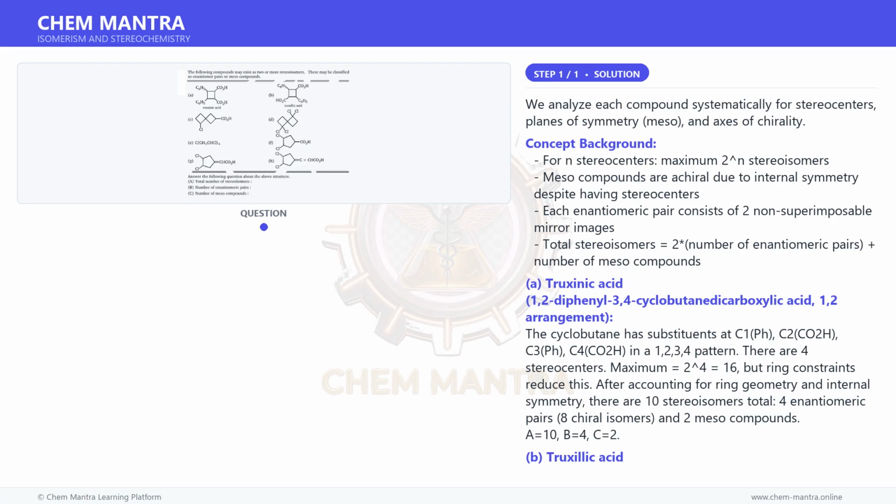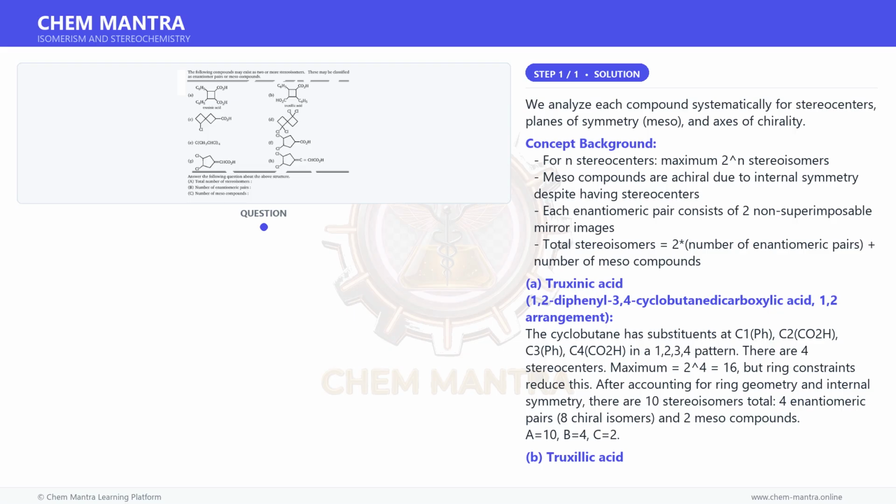The distinct stereoisomers are R,R,R,R and S,S,S,S, an enantiomeric pair; R,R,R,S and S,S,S,R, an enantiomeric pair; and R,R,S,S, a meso form. That gives 5 stereoisomers, 2 enantiomeric pairs and 1 meso. A is equal to 5, B is equal to 2, C is equal to 1.